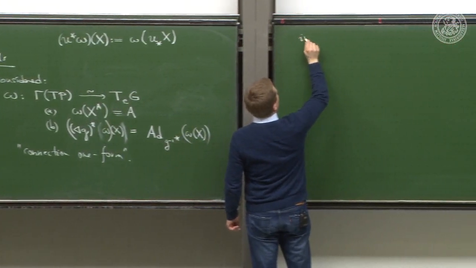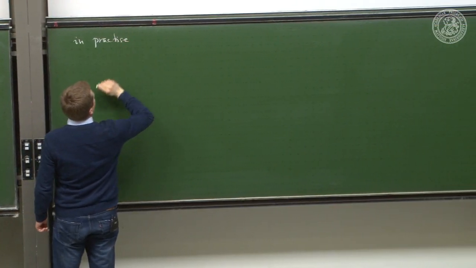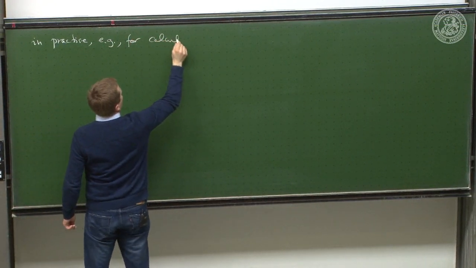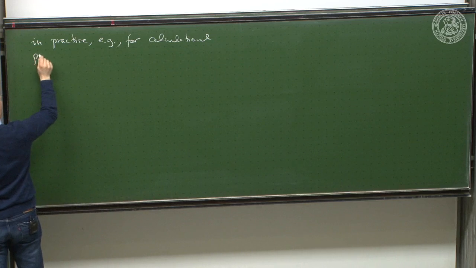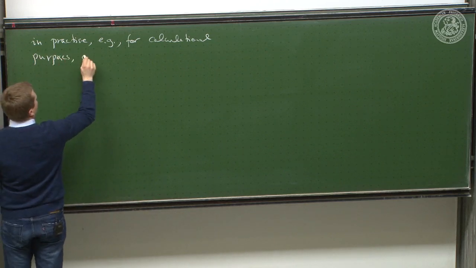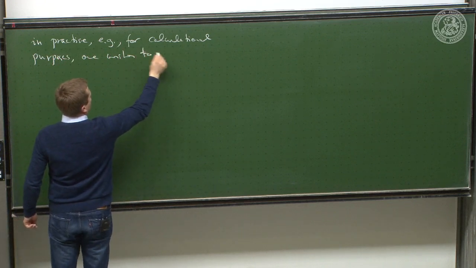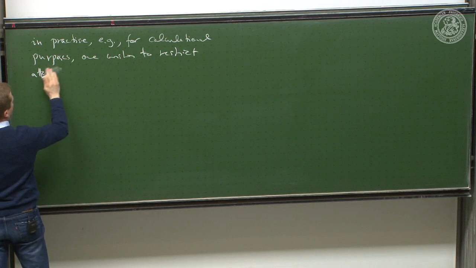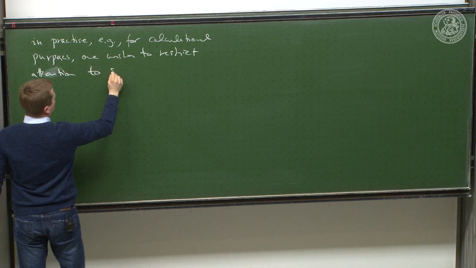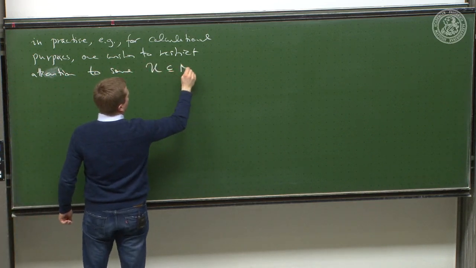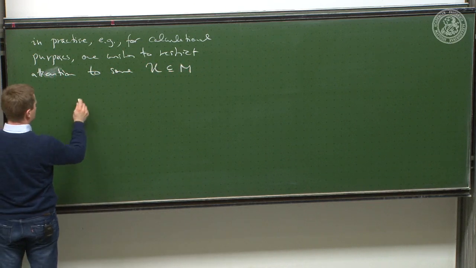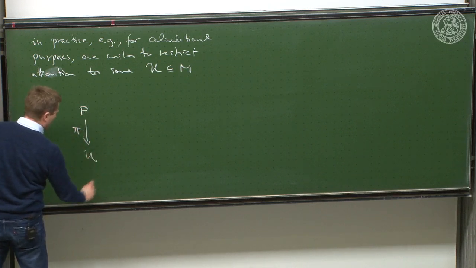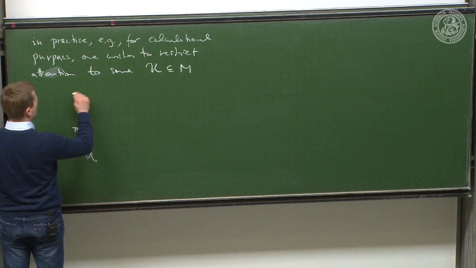So in practice, for instance, for calculational purposes, one wishes to restrict attention to some subset U of the base manifold, such that the situation is P down only to some U. So we look at this restriction of P.